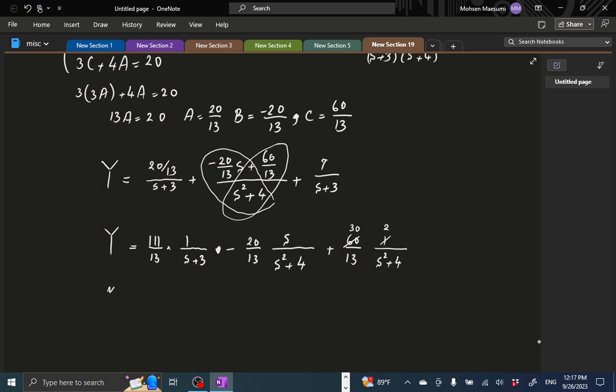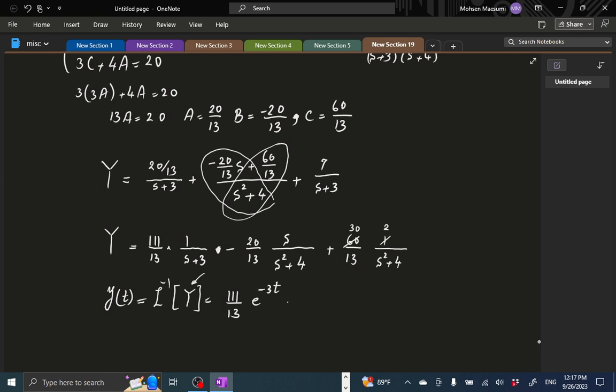Now we are ready to write our answer. Y of t is going to be the inverse Laplace transform of what I have. I'm not going to rewrite this thing one more time. Inverse Laplace transform of this is 111 over 13 exponential of minus 3t.